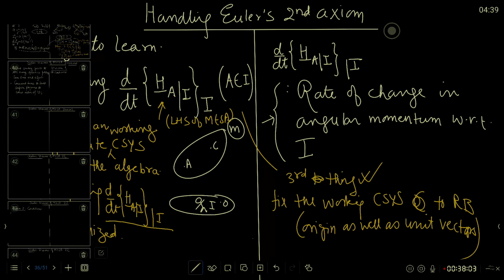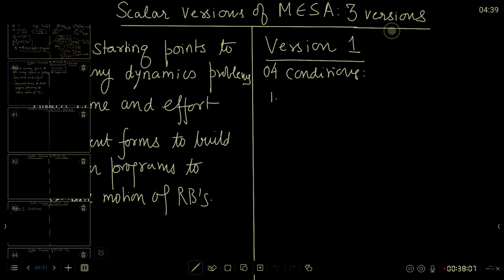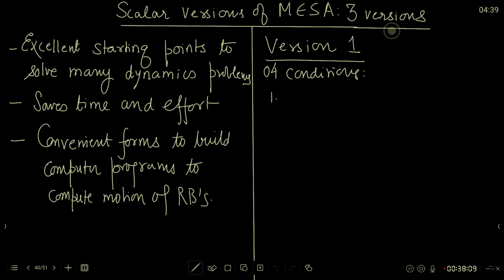Now, having learned these three things, we should feel more confident that we can handle Euler's second axiom better. Euler's second axiom or modified Euler's second axiom, both equations are vector equations, right?